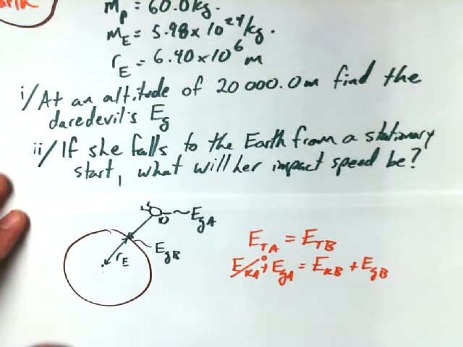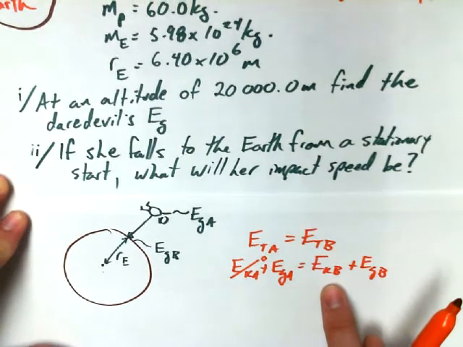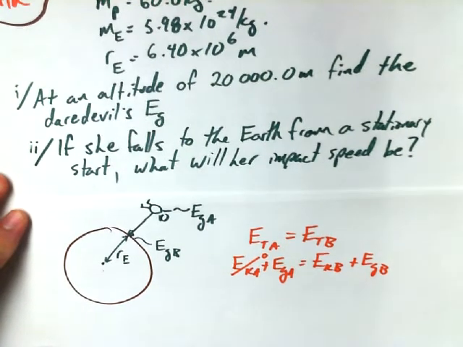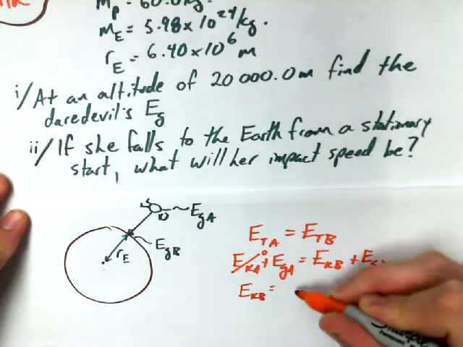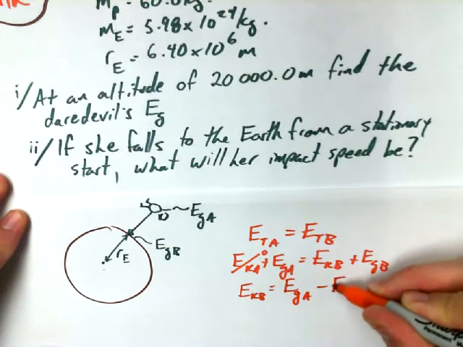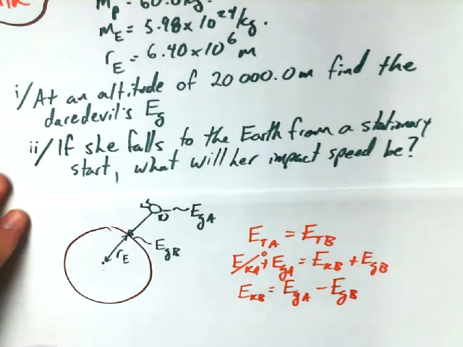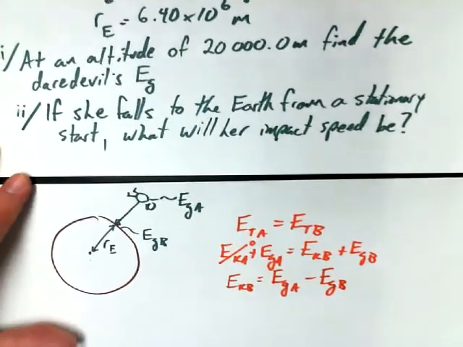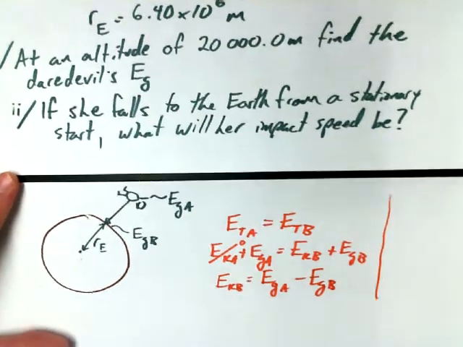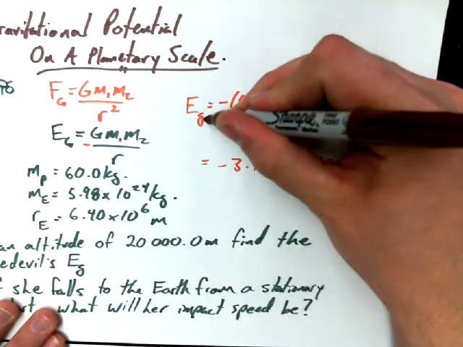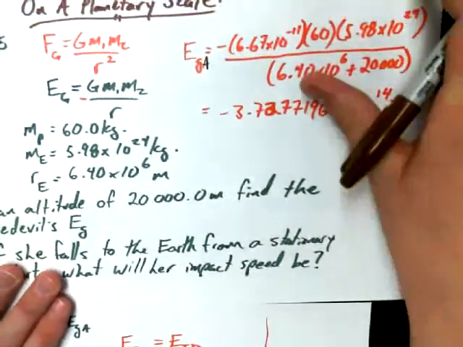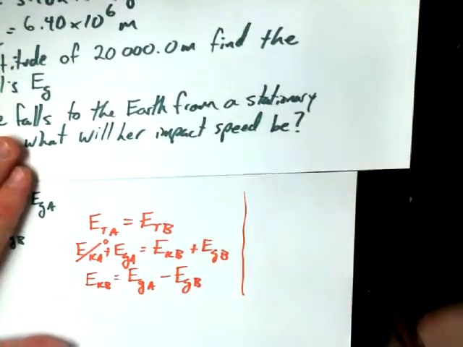Okay. So I've got to get EKB all by itself, because that will let me get to the speed of this lady. So EKB will be equal to EGA minus EGB. I'll ask you to calculate what EGB is, and off to the side, I'll show you how to set it up. What we calculated before was EGA, so we'll borrow that in just a second.